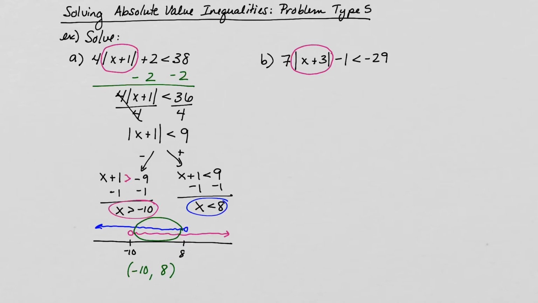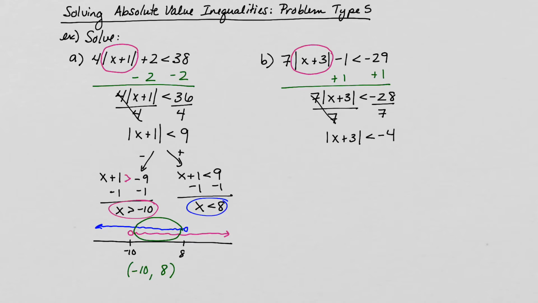So what we're going to do first is add 1 to both sides. If I do that, I get 7 times the absolute value of x plus 3 is less than negative 28. Then I'm going to divide everything by 7. So we end up with the absolute value of x plus 3 is less than negative 4.